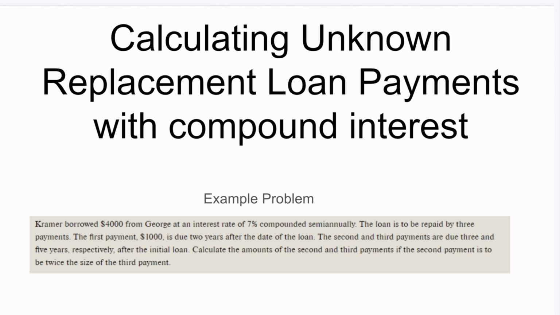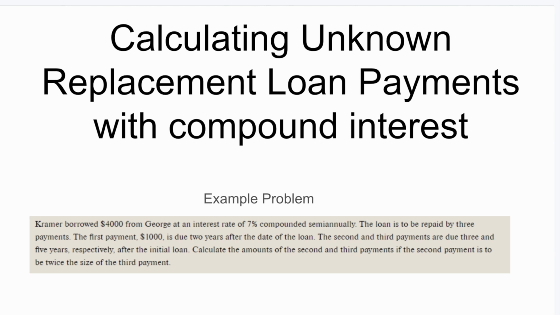So what we have here is someone goes and borrows $4,000 right now, today. It's going to be calculated at an interest rate of 7% compounded semi-annually. There are going to be 3 payments to pay off this loan.